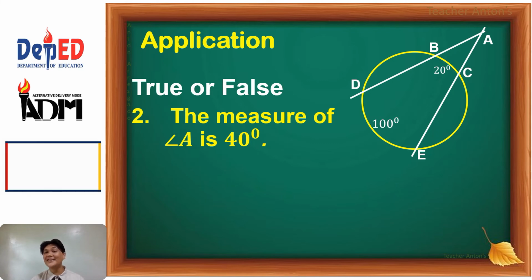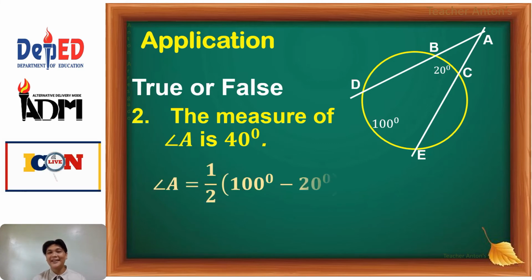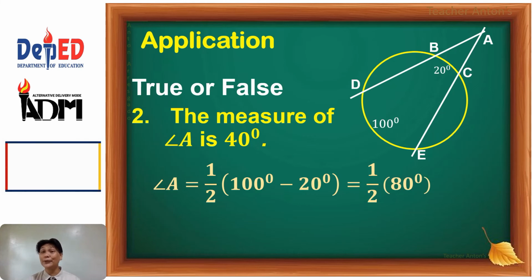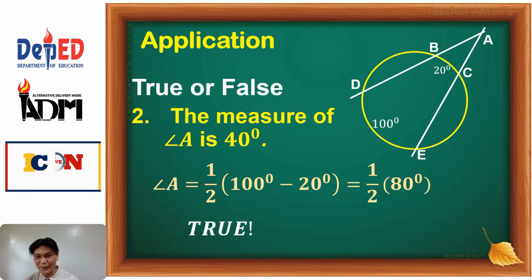So, of course, in this case, we need to solve for angle A. Angle A is equal to 1/2 of the positive difference of the arcs DE minus BC. So arc DE is 100 degrees minus 20 degrees. Then 1/2 of 80 degrees is 40 degrees. So it's true. I did not write the 40 degrees there because I know you know how to solve it.